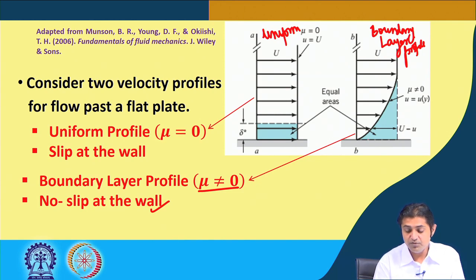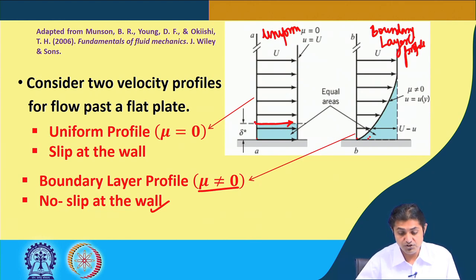No slip at the wall means the fluid velocity just above the plate is going to have the same velocity as the plate. In this case, since the plate is stationary, the fluid particle just above it will have 0 velocity. That is why the velocity profile you see is 0 here. In the uniform profile, there is a uniform velocity U, it is not 0.